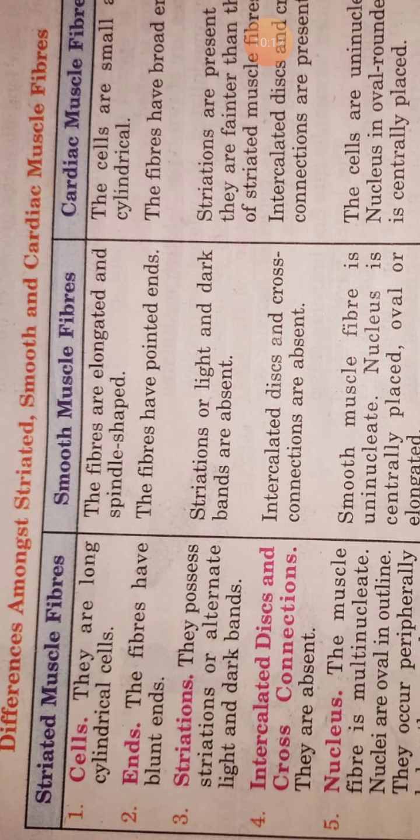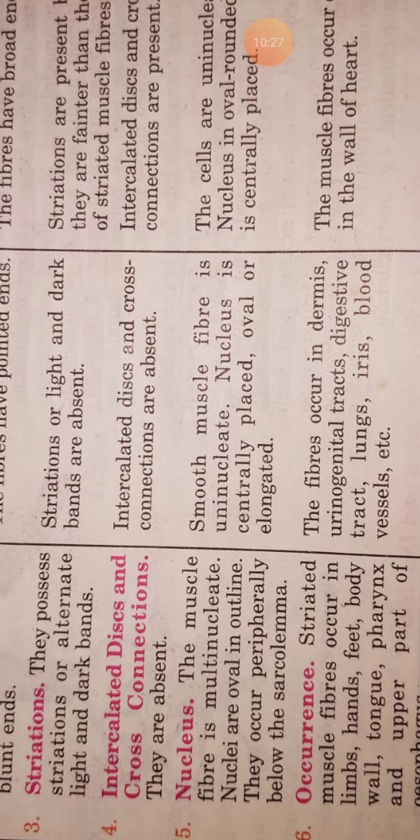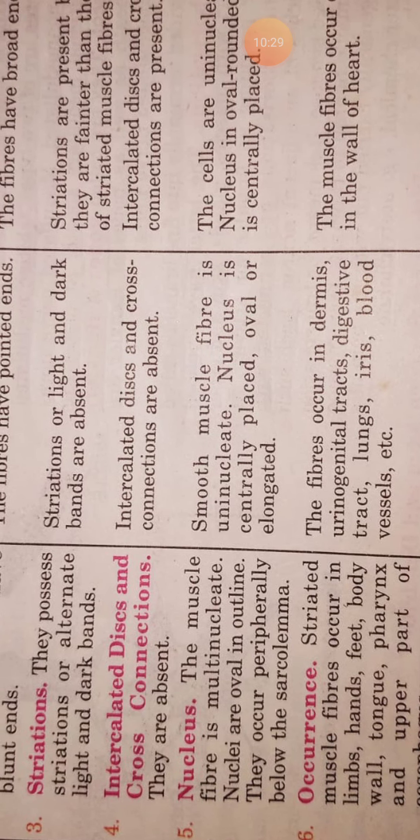Intercalated disc is absent in striated and smooth muscles, but present only in cardiac muscles. The nucleus is multinucleated in striated muscles, while smooth and cardiac muscles are uninucleated.